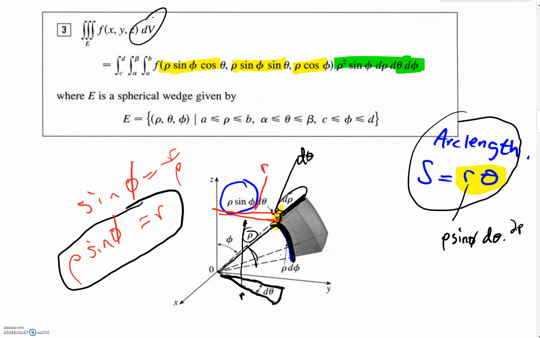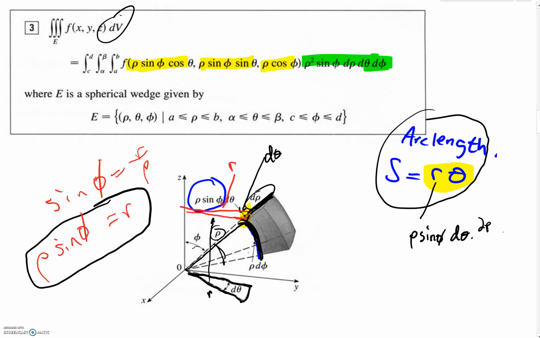It's the same arc length formula where rho gets multiplied to this change in the angle, which would be d phi. So you multiply that all together, and what do you get? Well, a rho and a rho is a rho squared, and then you'd have a sine of phi, and then you've got your three differentials, and that's what we've got in green.